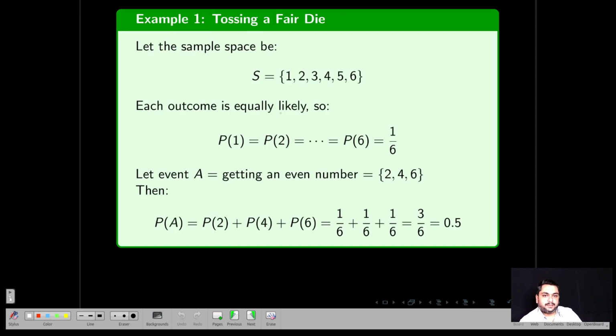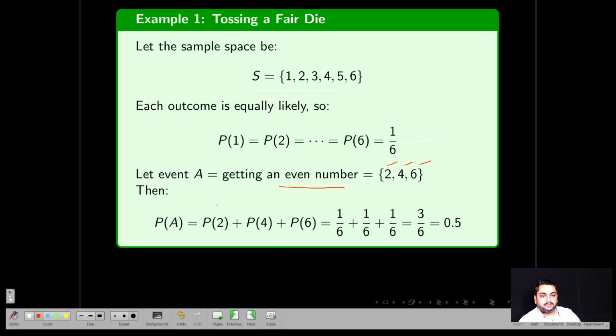So the same example is given here. Let the sample space be S equal to 1, 2, 3, 4, 5, 6. Each outcome is equally likely, so P1, P2, everything is 1 by 6. The previous example that I have shown you. So let A be an event. It's a compound event which says getting an even number. See, out of 1, 2, 3, 4, 5, 6, the outcomes 2, 4, 6 represent the even number.